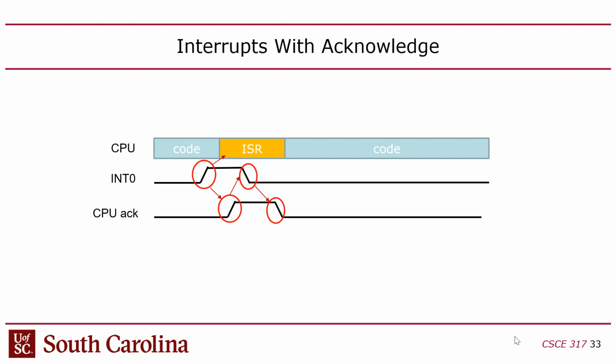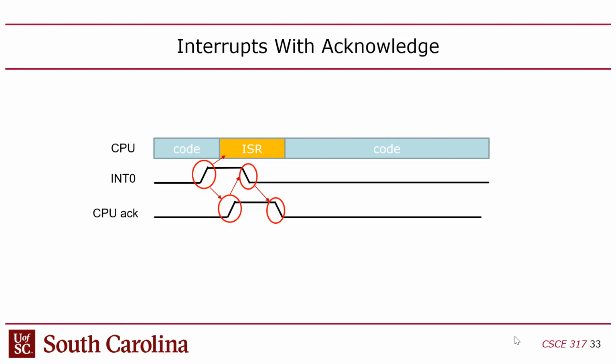And so the idea is that you raise the interrupt, the CPU, after it goes into the interrupt service routine, can raise the acknowledgement, which tells the sender that the CPU is on it and that it can lower its interrupt, right?